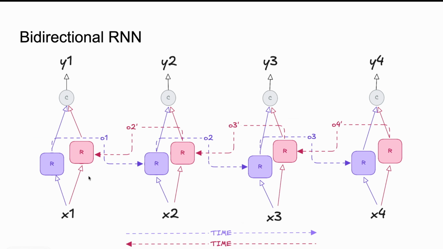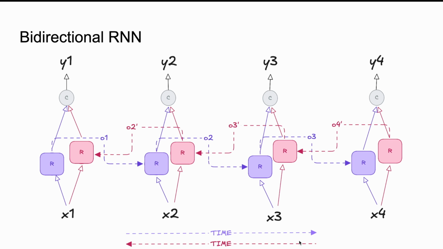Basically, you see we have these x1, x2, x3, and x4 inputs, and there are two different time orders. This violet one is the normal order RNN, where we are feeding the inputs in normal order. So you see the timeline is from left to right. And in this pink one, the time order is in reverse.